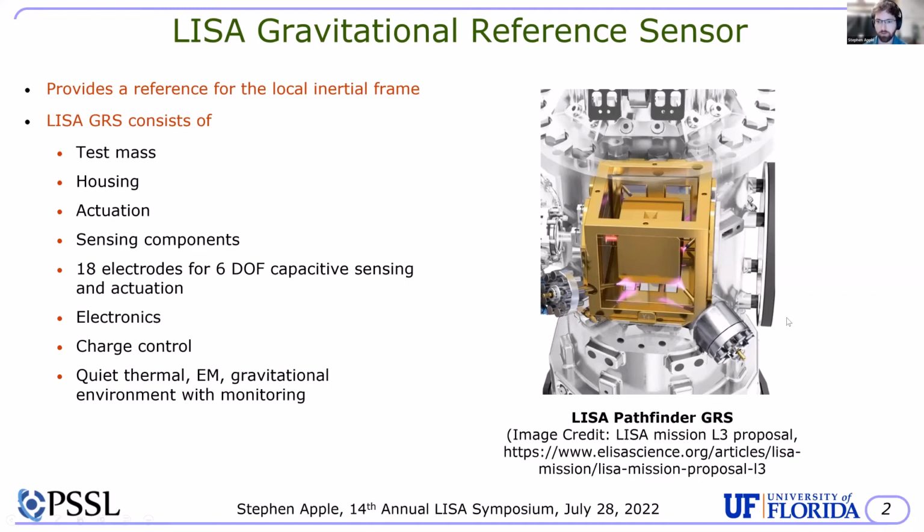It also includes UV light injectors for a contact-free method of test mass charge management, which you can see on the corners here. Overall, the GRS, along with LISA's drag-free control system, will help provide an ultra-quiet environment for the test mass, such that it's following a purely geodesic orbit and free-floating.